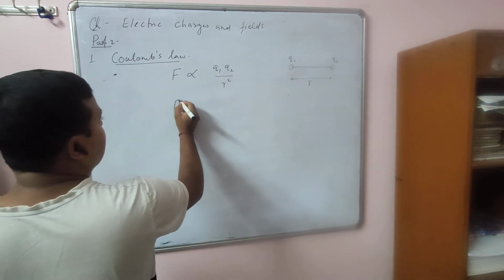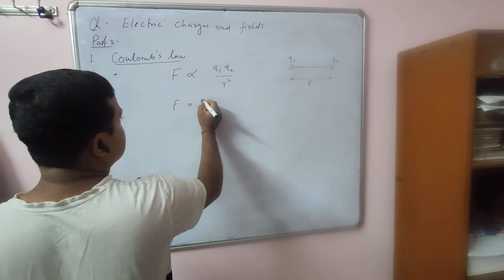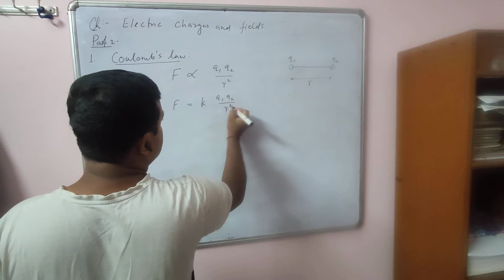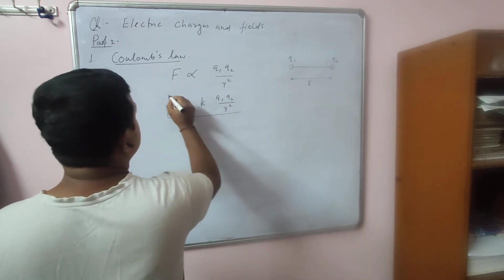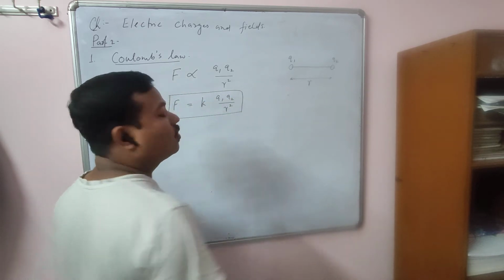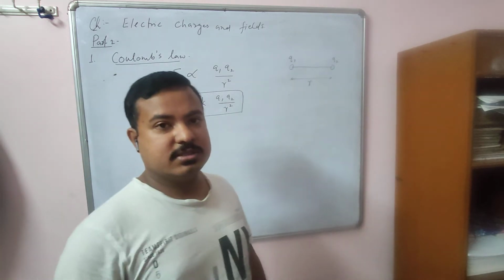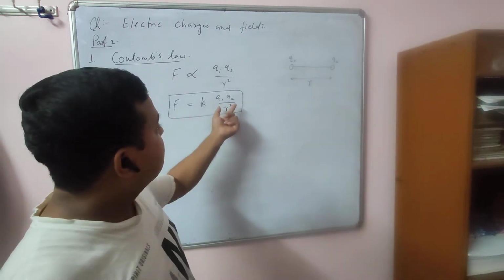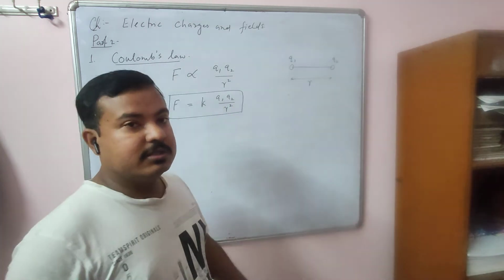Or you can write F is equal to a constant K Q1 Q2 by R square. So this is Coulomb's law, or Coulomb force between any two charges. It depends on the product of the two charges, and inversely on the square of the distance.